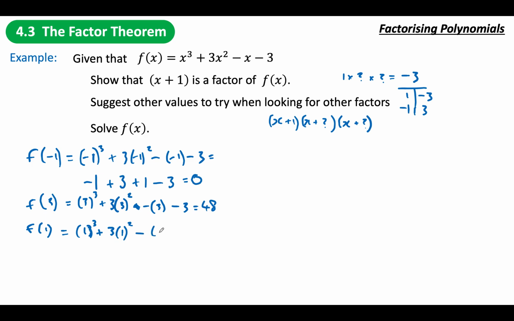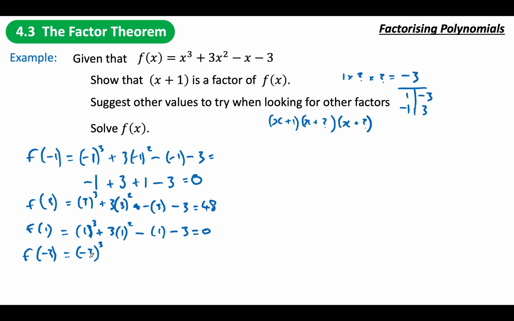I'm then going to take away my 1. So 1 plus 3 is 4. Take away the 1 is 3. Take away another 3 is 0. So I do have another factor here, which is going to be x minus 1, which means, if we're totally right, -3 should be our other factor.